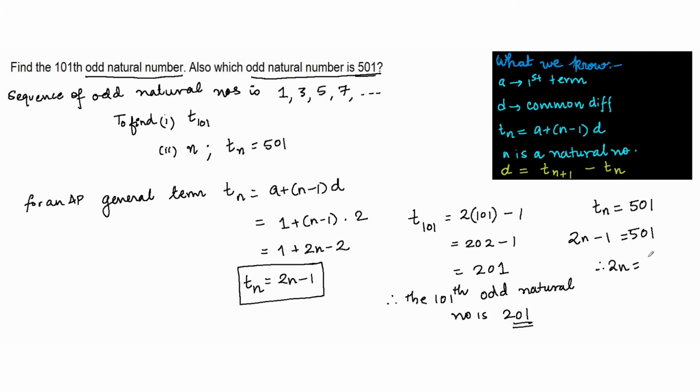Therefore 2n equals 501 plus 1, and therefore 2n is equal to 502, which means n is equal to 502 divided by 2, that is 251. Therefore 501 is the 251st term of the given AP. Right? So this is how we can solve this particular question. Again, pausing for a couple of seconds before moving on to the next one.